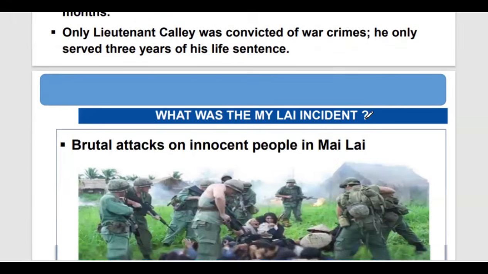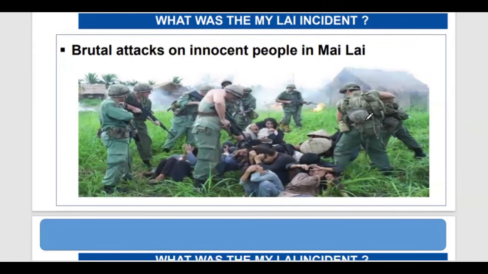Right. You can see, as indicated here, the My Lai incident, which was a brutal attack on innocent people in the village. You can see amongst the people, this looks to be a very orderly, innocent civilian. And the rest, you can see these are young. They cannot be guerrillas by the look of their ages.